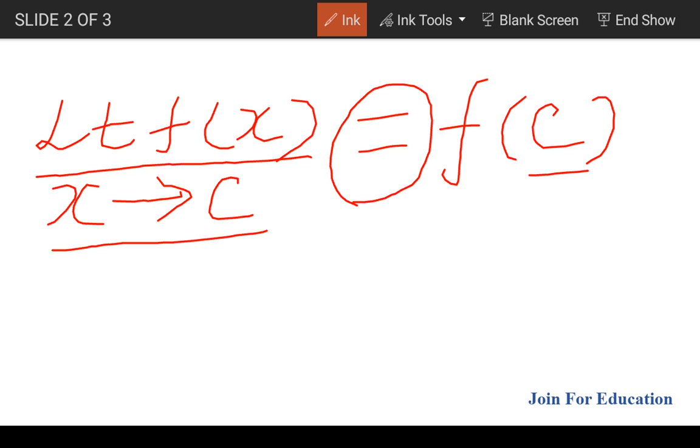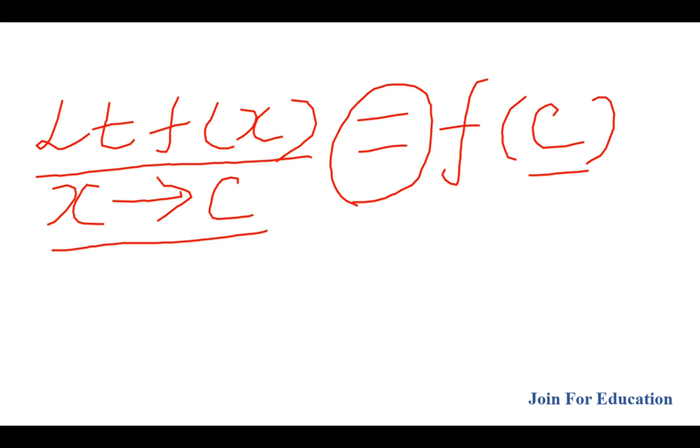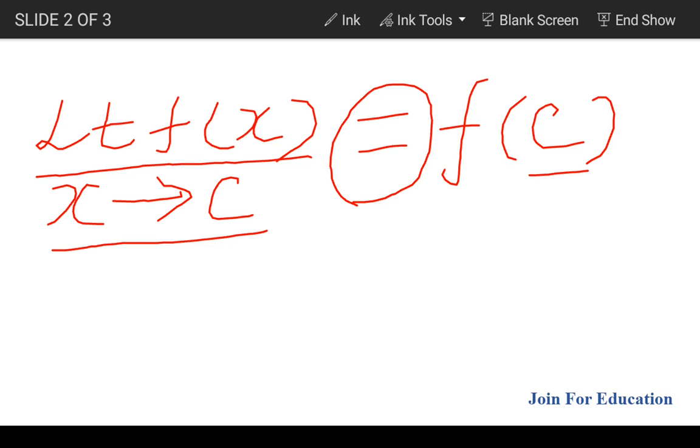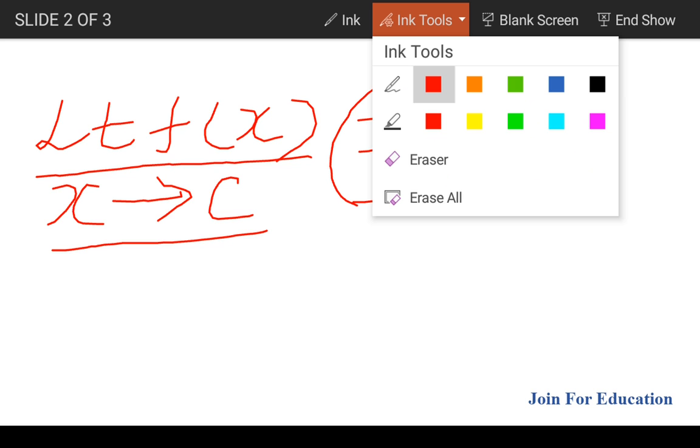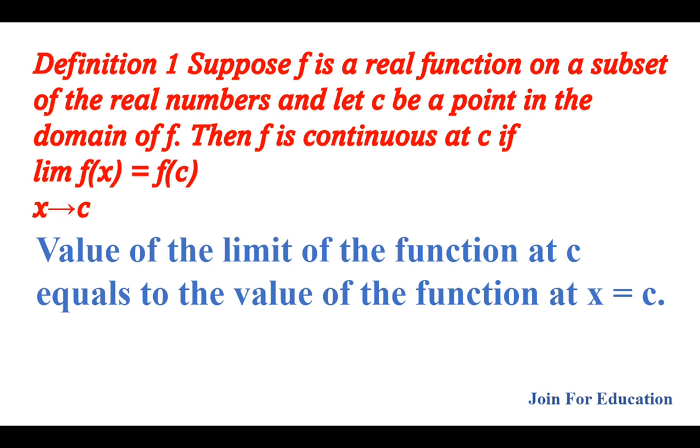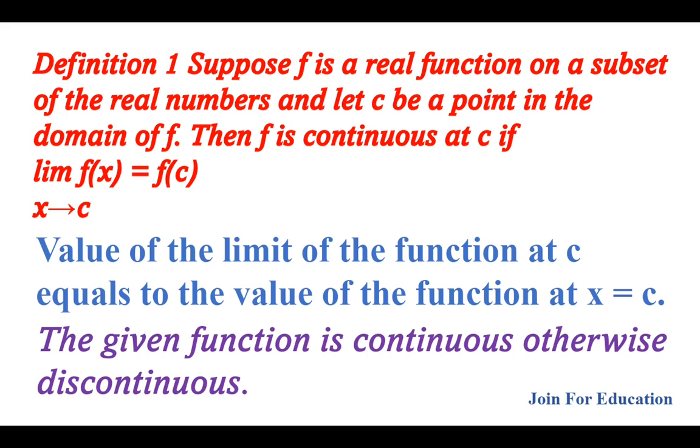Here c is a point at which we test the continuity of the function. So if the value of the limit of the function at c equals the value of the function at x equal to c, the given function is continuous, otherwise discontinuous.